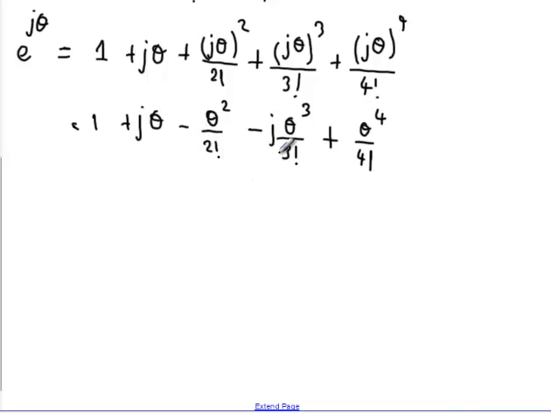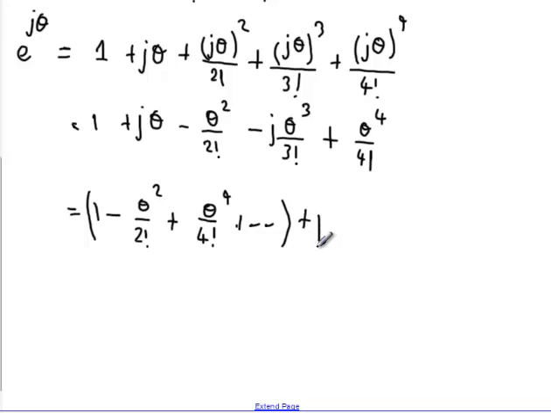Now let's collect those things with j and those things without j. Those things without j will be 1 minus theta squared over 2 factorial plus theta to the power 4 over 4 factorial plus dash dash dash, plus j.